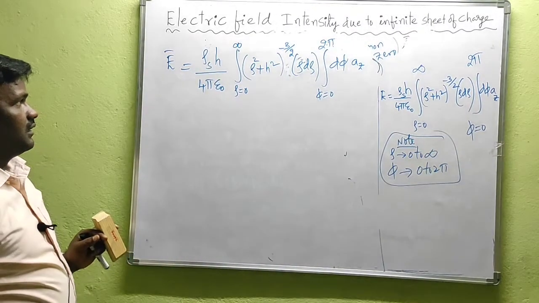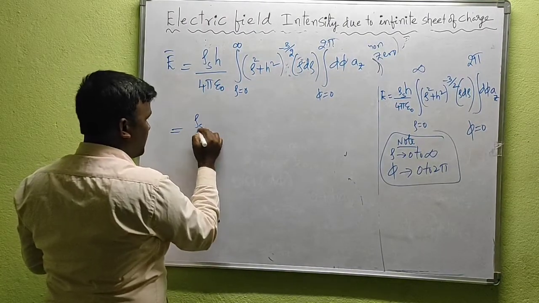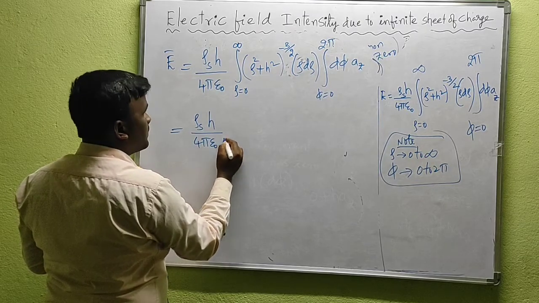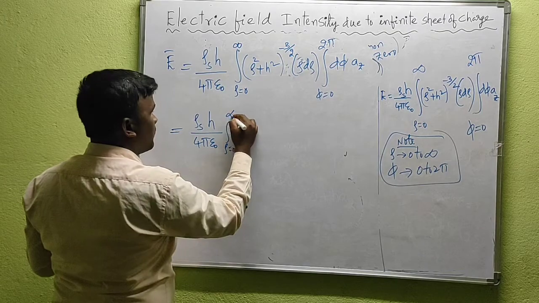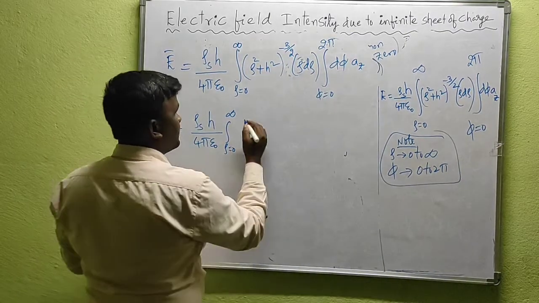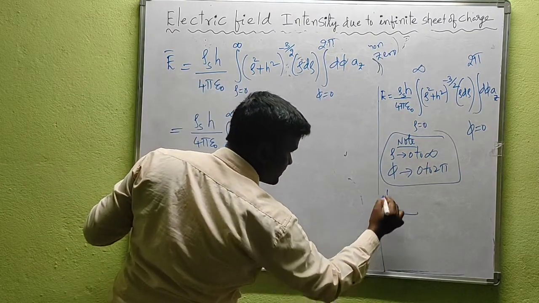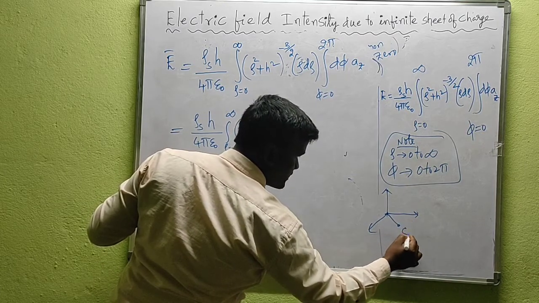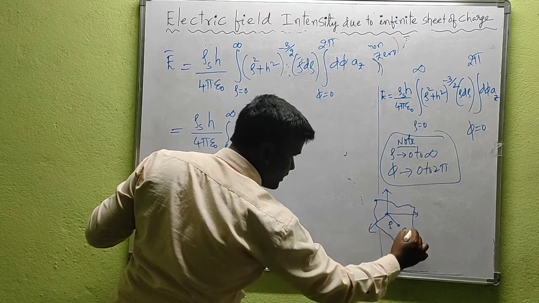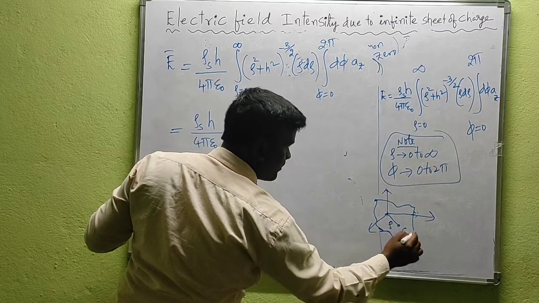Okay, now simplify this one. This equation can be written like this: rho s h by 4 pi epsilon naught, rho is 0 to infinity. Why 0 to infinity? For an infinite sheet of charge, infinite radius. Basically, in the diagram we considered a finite radius like this, with the distance from here to here as rho, but it is a sheet of charge. Basically I considered it like this, but we need to consider an infinite sheet of charge.